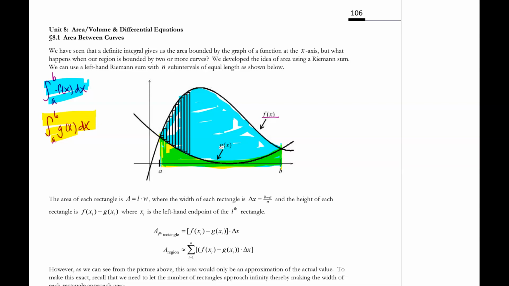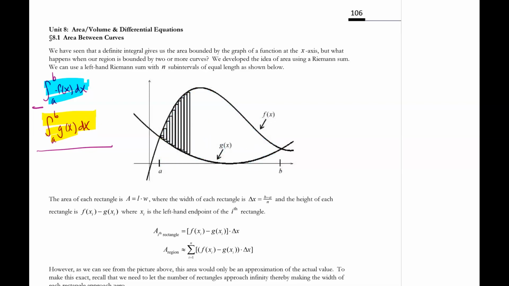If we want to know the area between the two curves, there's kind of two ways of thinking of it. We could just subtract the top minus the bottom, because when we find that top area, we get all of this other junk that we don't want.